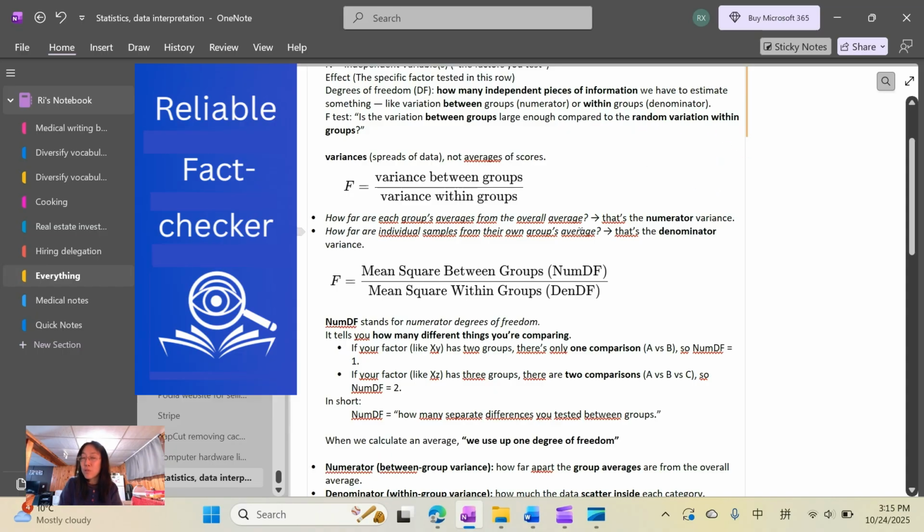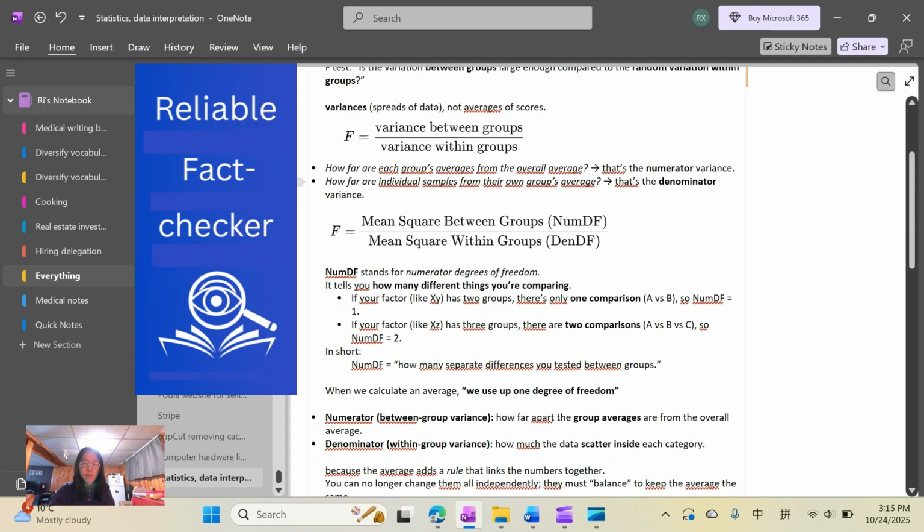I still don't feel so clear after reading this. So let's be more clear through learning. The variance: you are measuring between groups versus within groups. Variance between groups and within groups. Why?